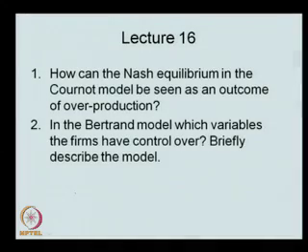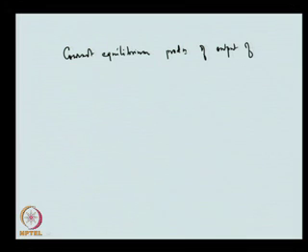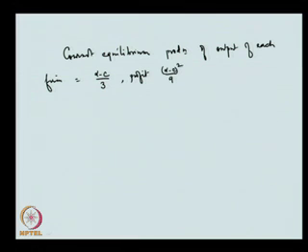Question: how can the Nash equilibrium in the Cournot model be seen as an outcome of overproduction? In Cournot equilibrium, production of output of each firm is equal to (alpha minus C) divided by 3, and the profit is (alpha minus C) whole square divided by 9, as we have seen.